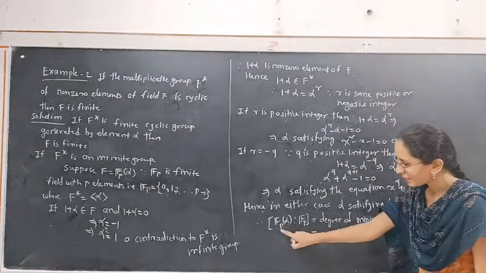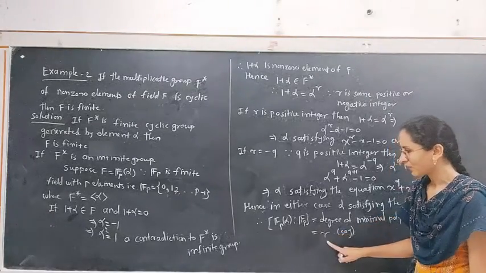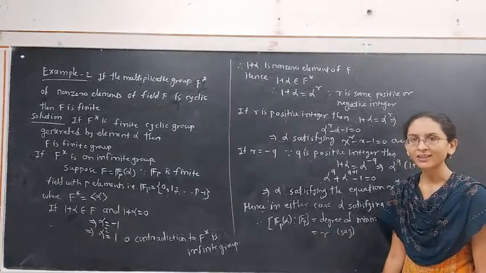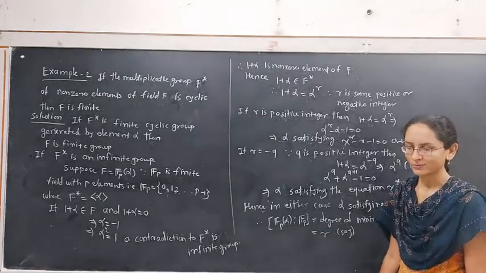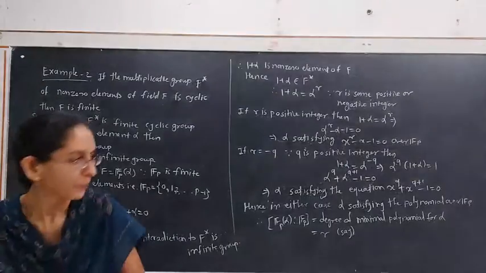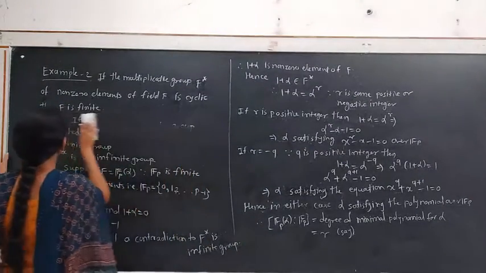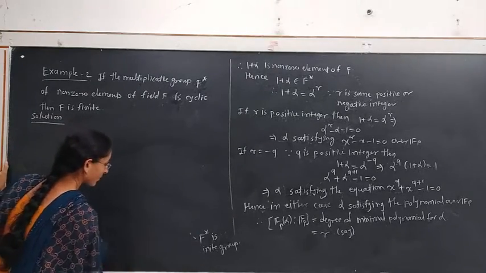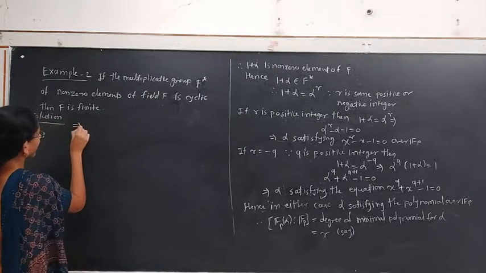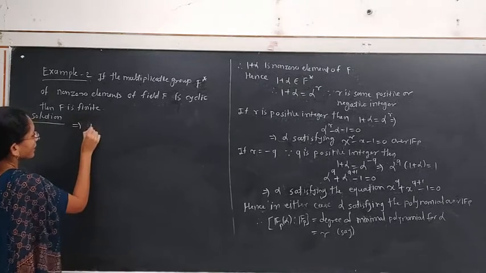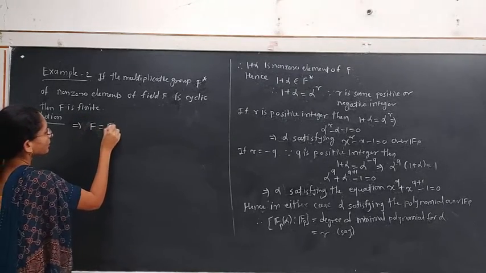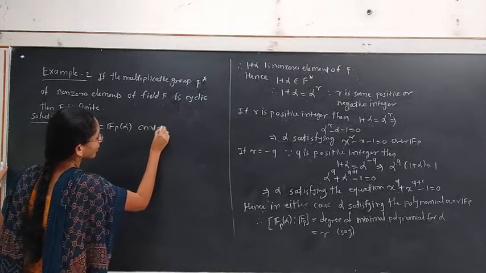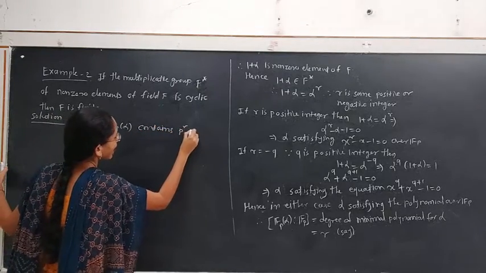Then as Fp alpha is an extension of degree r of the finite field Fp, Fp alpha contains p raised to r elements. So F, which is equal to Fp joining alpha, contains p raised to r elements.